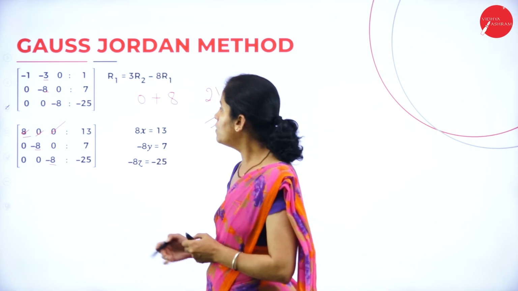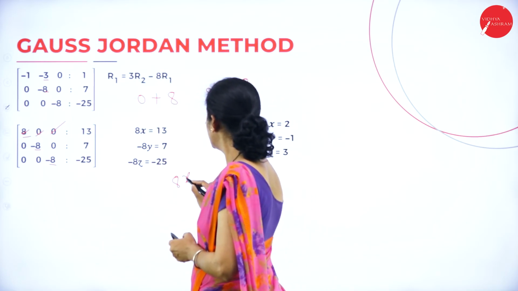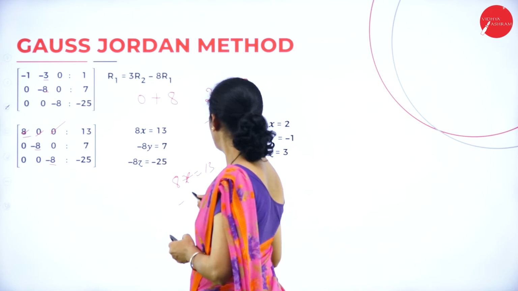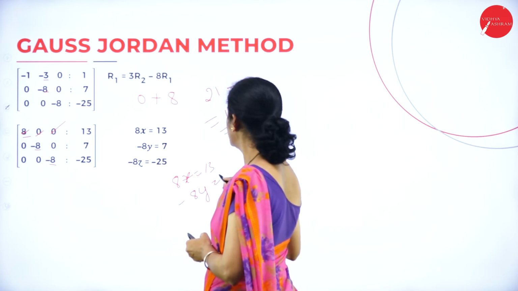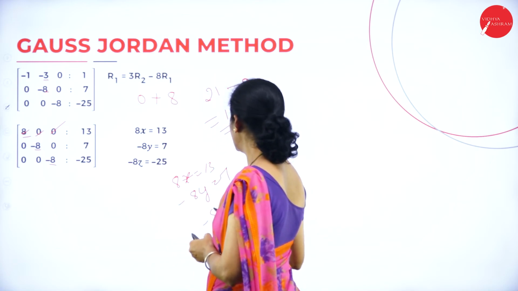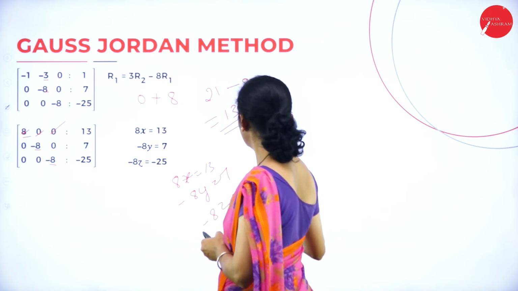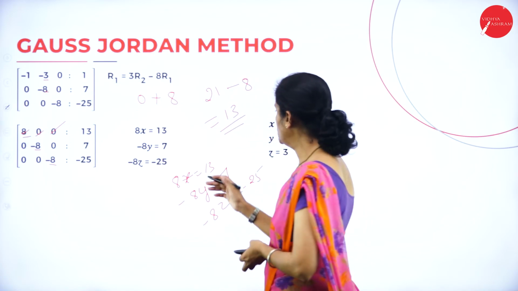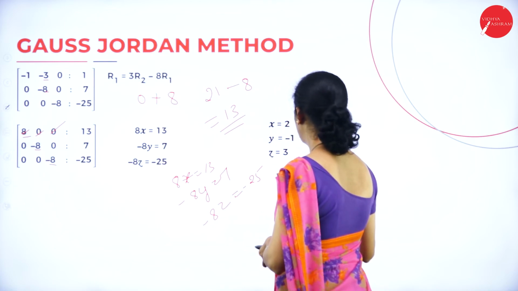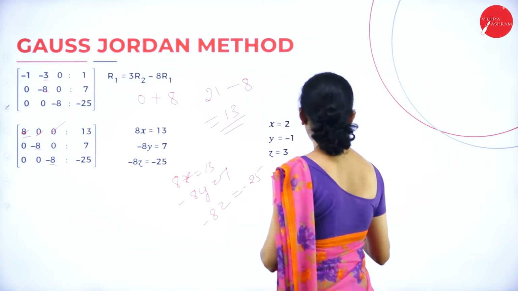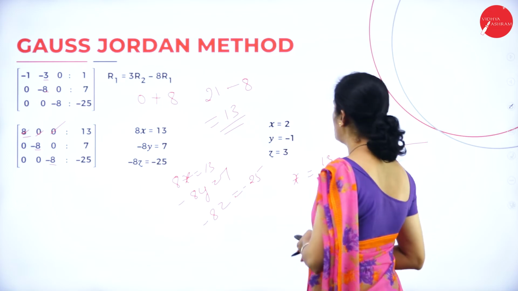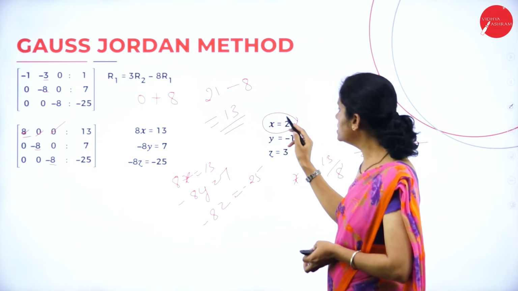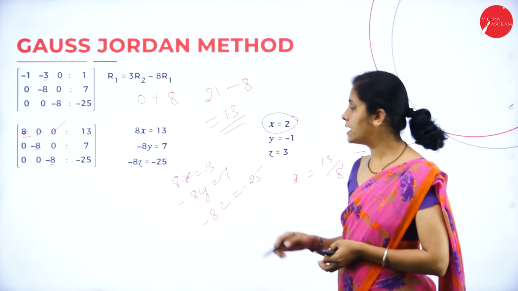Fine. Now 8x equal to 13, minus 8y equal to 7 and minus 8z equal to minus 25. So dear student, x equal to 13 by 8. So I'll get some fractional value which is nearer to 2. So I'll write 2.